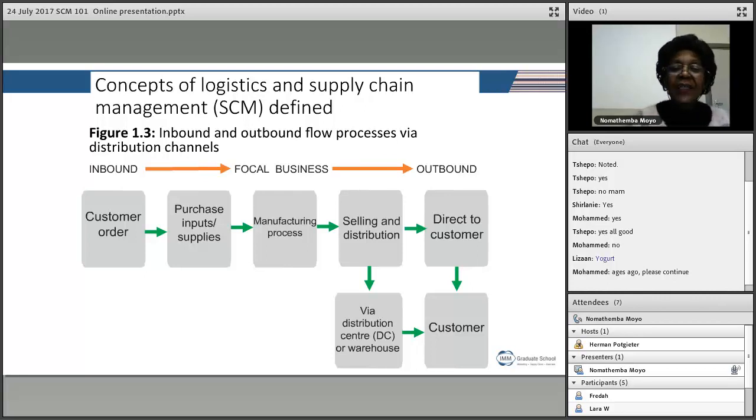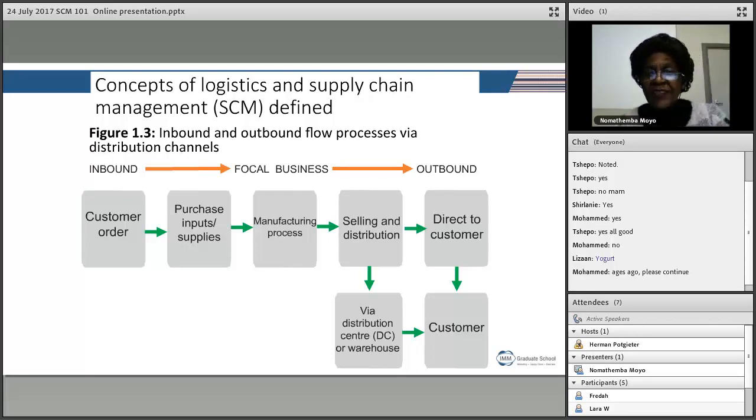Now we look at inbound and outbound processes via distribution channels. When we talk about distribution channels, we are talking about all those organizations that are between the manufacturer and the consumer. Here we have inbound. Inbound is what is coming into the factory, that is the purchased inputs from suppliers that come from the customer order.